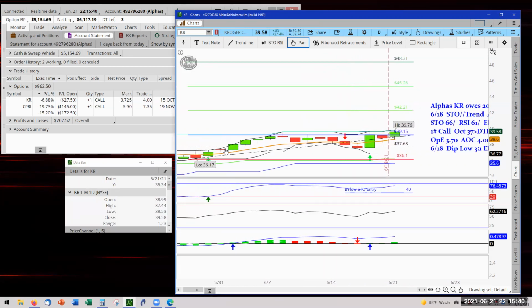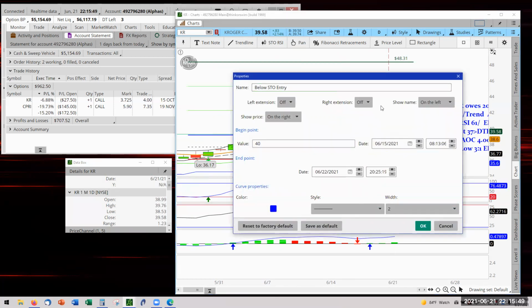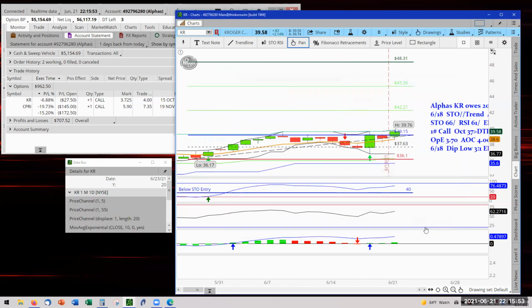Now, notice here, this would have been back here. On that same theory, if we take it and extend it to the left, where was the ideal entry? Right here, where it's under the 40, you can see it right there. And then there is a rise right here, the rise of the 10 EMA, and then RSI is in agreement, and we have green histobars.